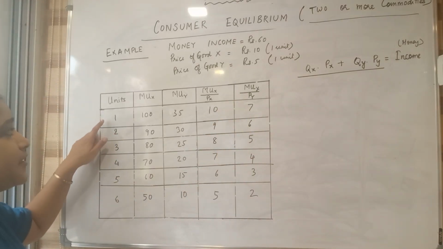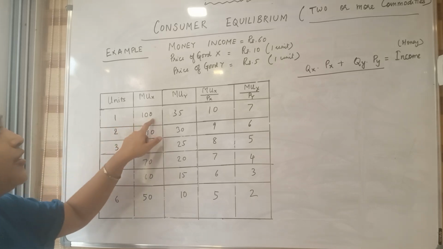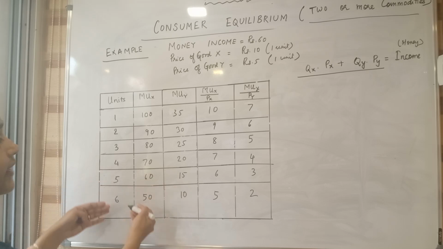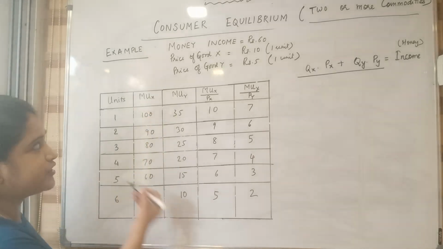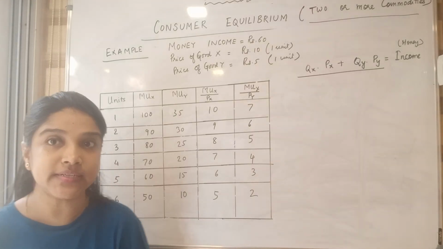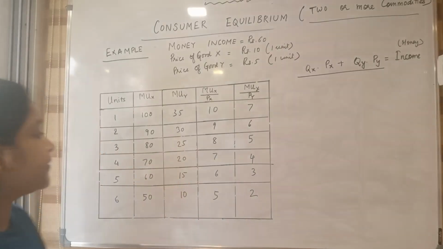When the consumer consumes the first unit, the marginal utility of X is 100. As he keeps on increasing his consumption, the marginal utility of X falls, which we know already from the law of diminishing marginal utility. Also, the marginal utility of Y commodity falls.